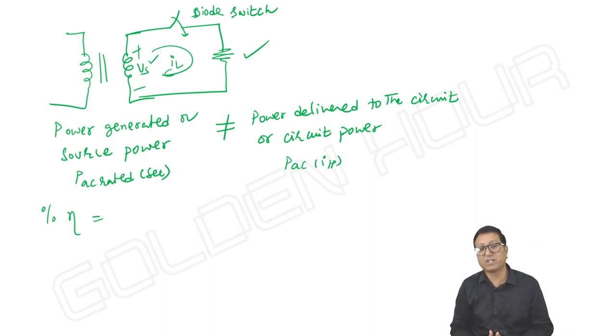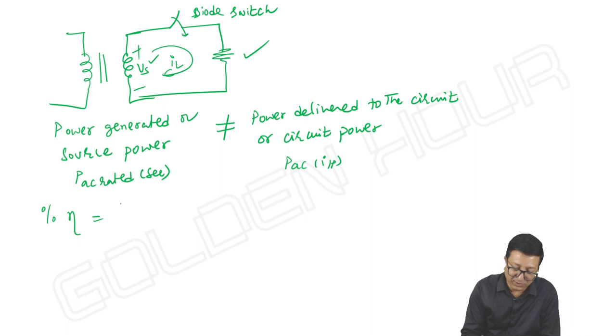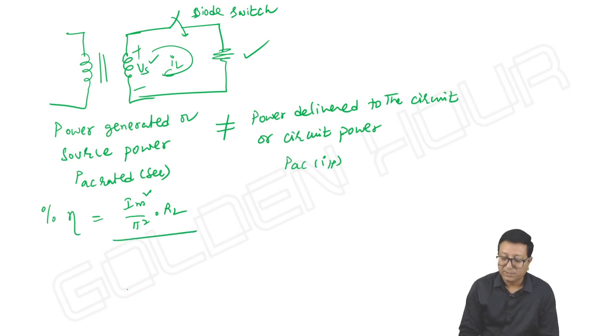Then coming to the AC efficiency, what you expect is output DC power by AC input power. AC input means secondary voltage, the power generated across the secondary winding. You cannot take that; there is another thing, the power delivered to the circuit, so that's what we are taking. So DC output is Im square by pi square into RL, by power delivered to the circuit, Im square by 4 into Rs plus Rf plus RL, multiplied with 100.